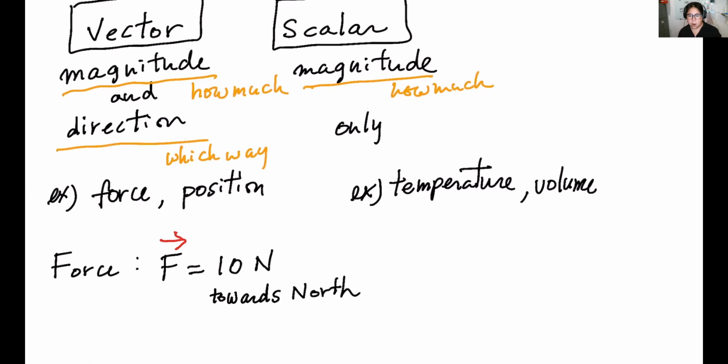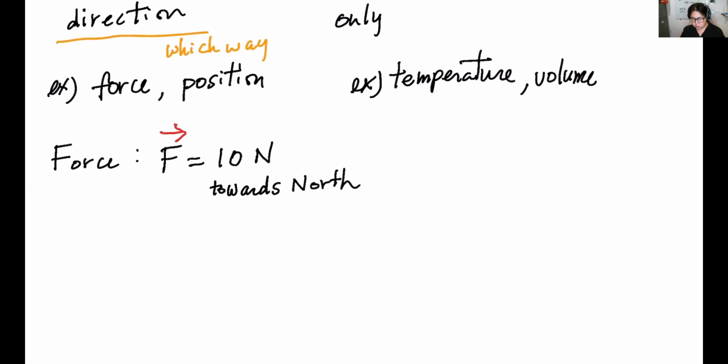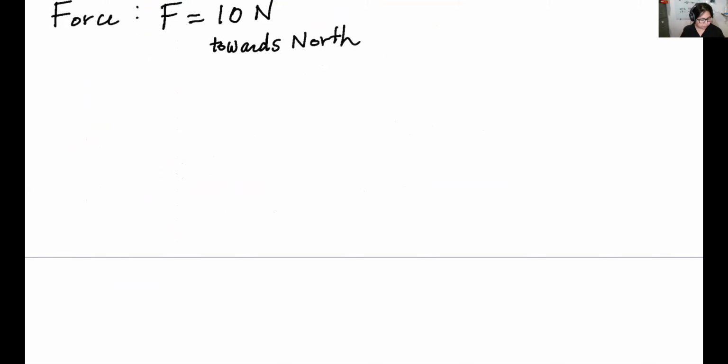Or to the right or up or down is the correct way, it's complete information about that force. And this arrow represents not just the quantity, but that it's a vector quantity. It's not a scalar quantity. So to represent a vector, we use an arrow.